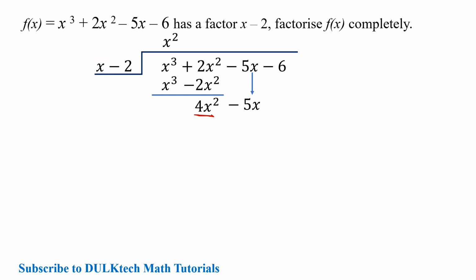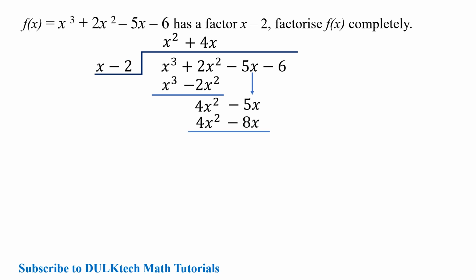So x into 4x squared, we get 4x. We write it here as the second term of the quotient. 4x multiplies the entire divisor, and we get 4x squared minus 8x, like this.